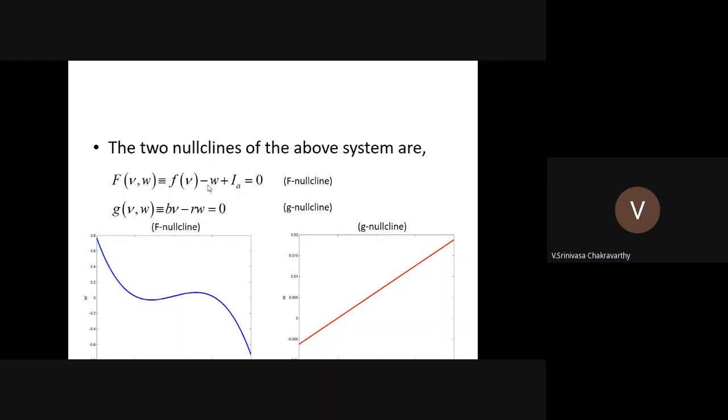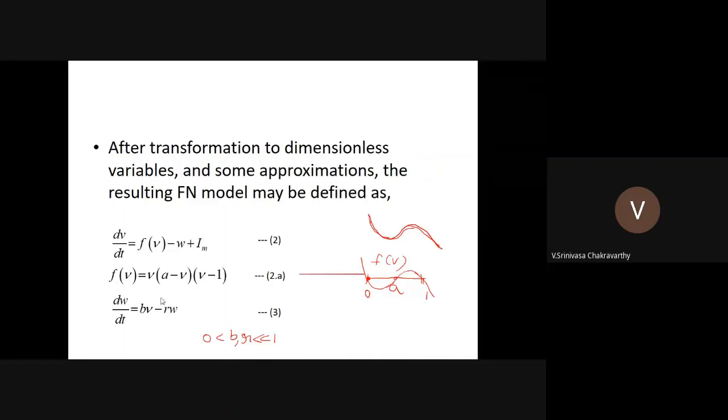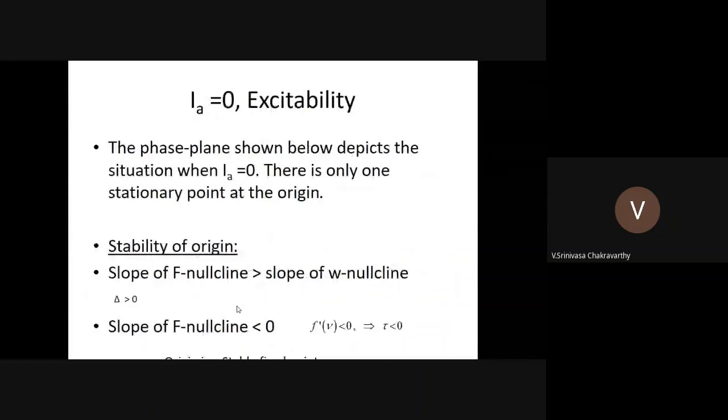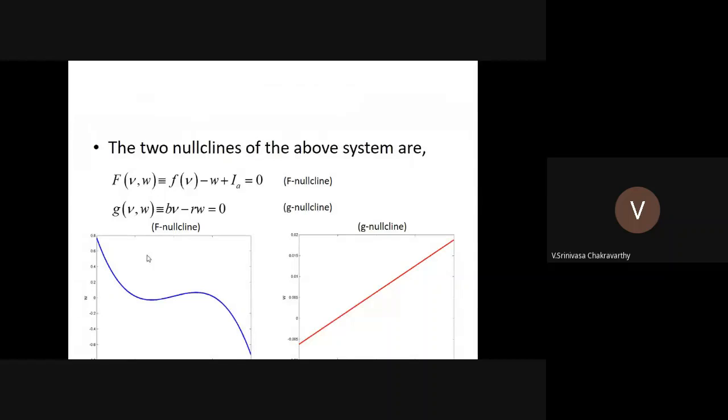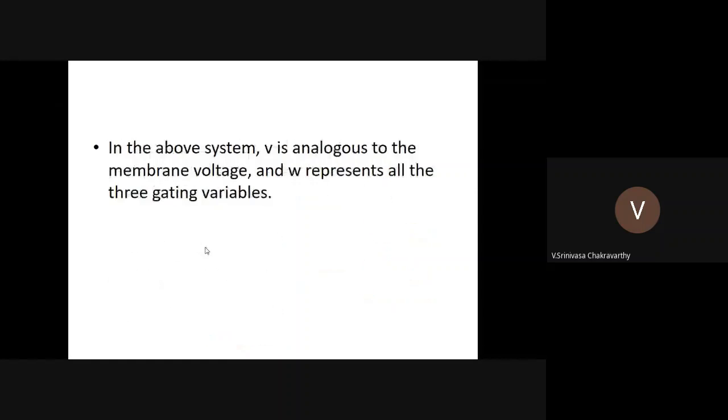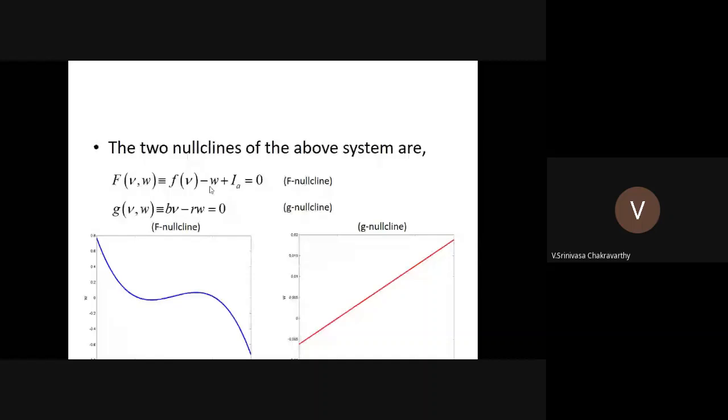So now this is a system. How do you analyze this? The first thing we do is plot the phase plane, plot the null lines and find the fixed points. The null line of the first equation is what you get by setting dv by dt to 0. That means w is equal to f of v plus Im, the external current. And the second one is dw by dt equal to 0, that means bv minus rw is 0.